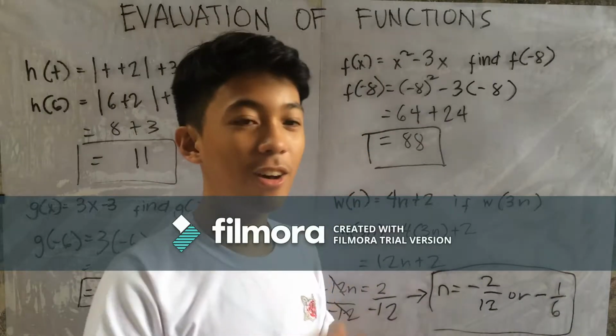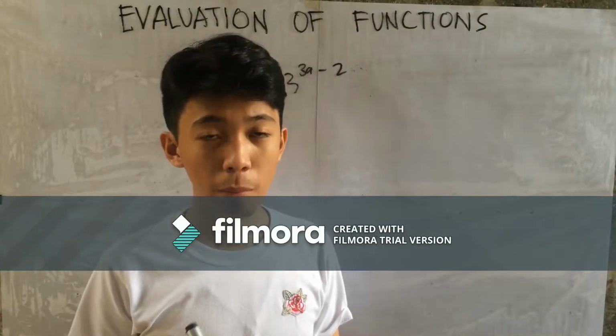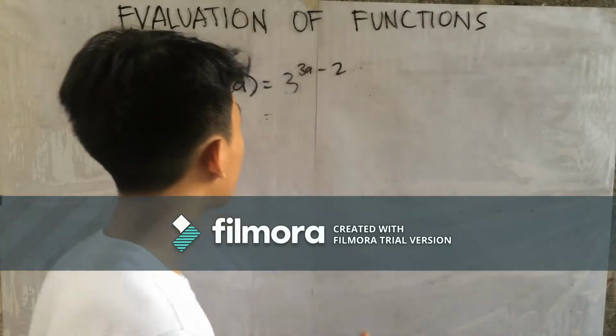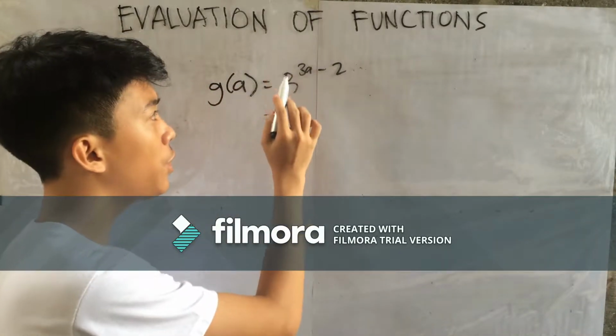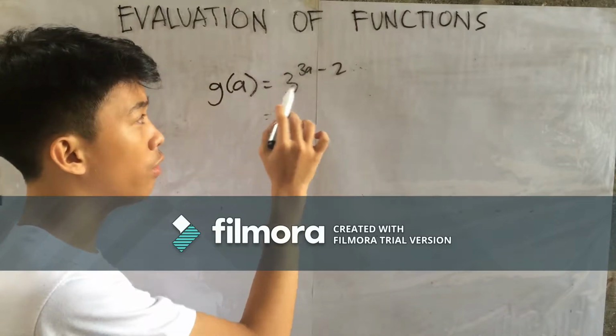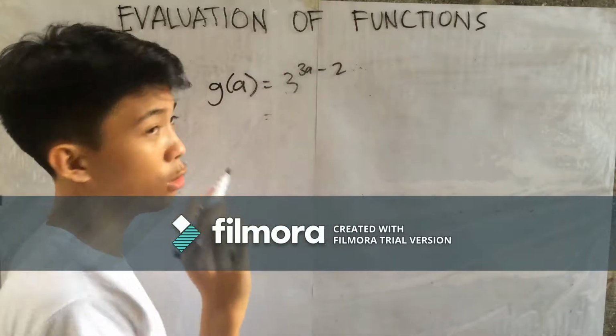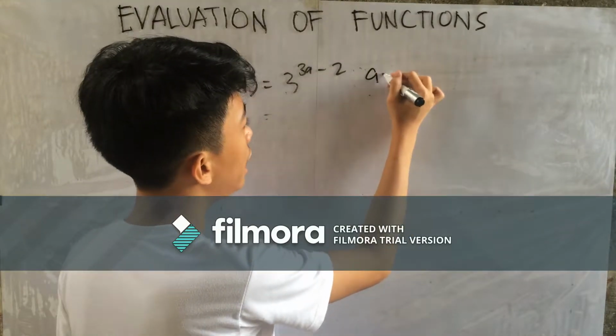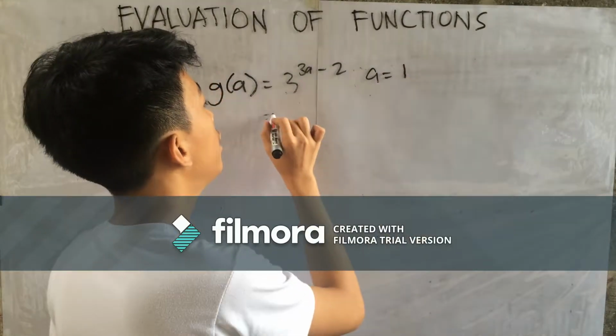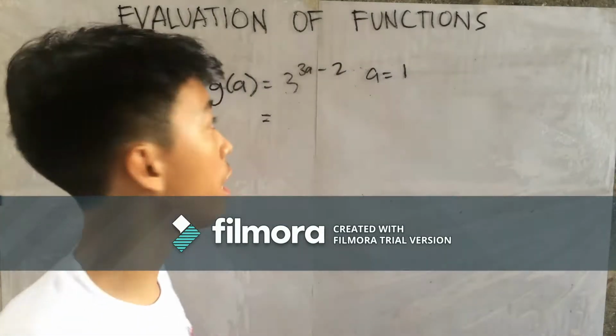Yan. So, next tayo. So, last example para sa topic na to is g of a is equal to 3 to the exponent of 3a minus 2, if a is equals to 1. So, gagawin natin dyan, isa-substitute lang natin.